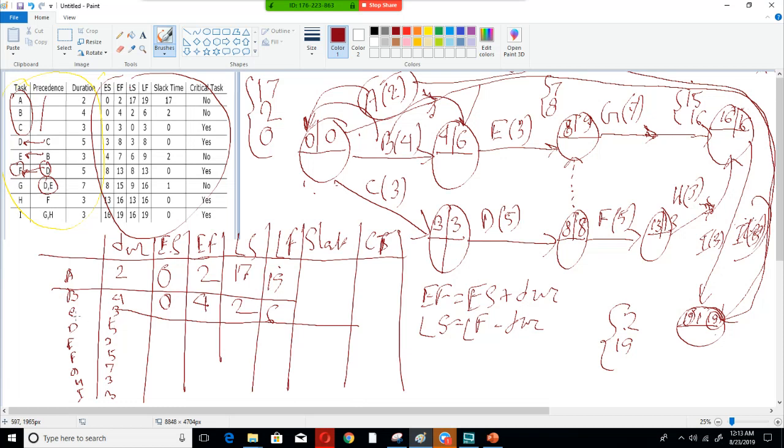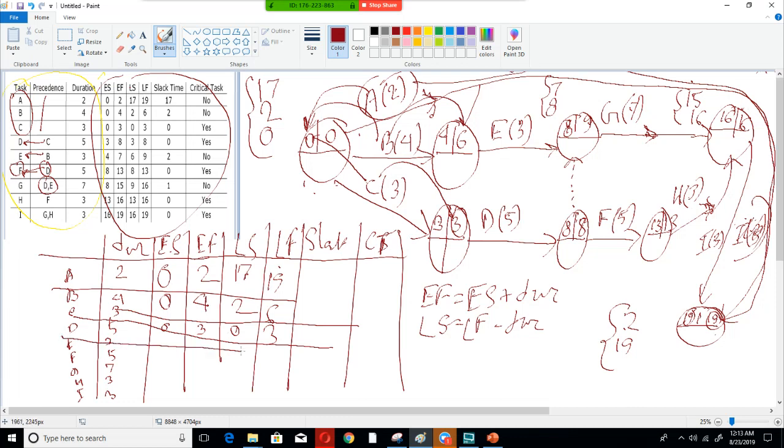For C, the early start will be this 0, the late finish will be this 3 over here. And the duration for C is 3, so 0 plus 3 it will be 3, and late start 3 minus 3 equals 0.